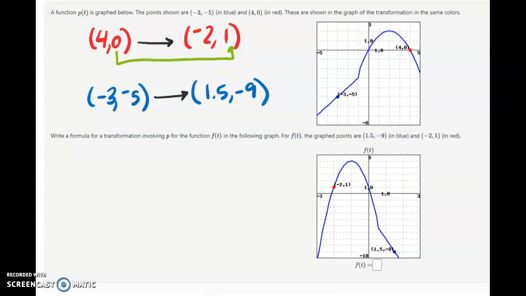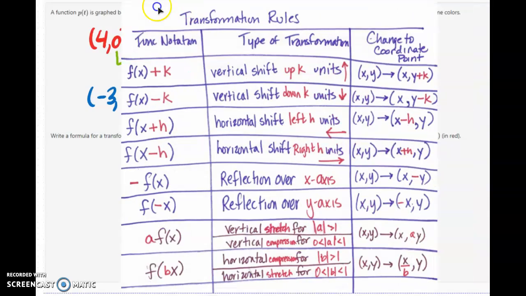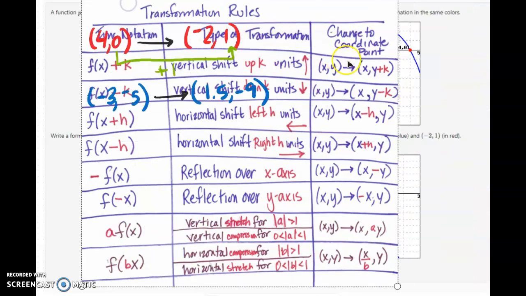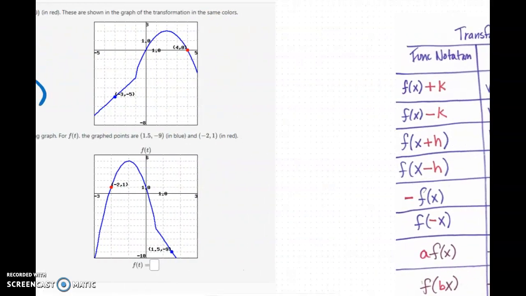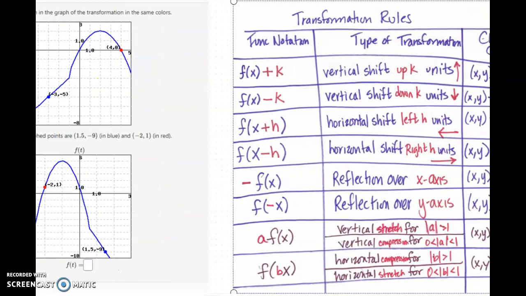But I do see that to go from 0 to 1, I'm adding 1. And when I look at the y coordinates, the one where you're adding 1 is this first one here: a vertical shift up k units.